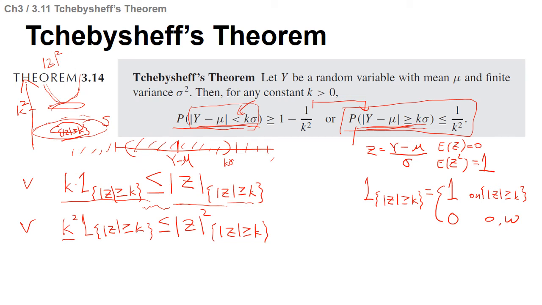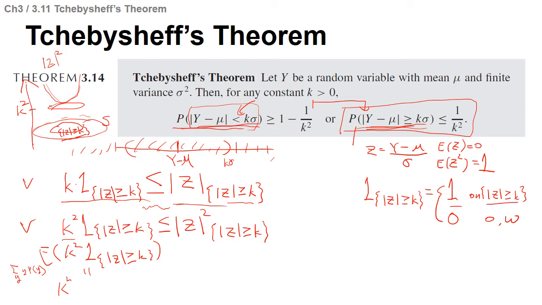And let's take the expectation on the left side and the right side. The expected value of k squared times the indicator of z greater than k is, from the definition of expectation, the sum of y times p(y), and here y equals 1 on this set.